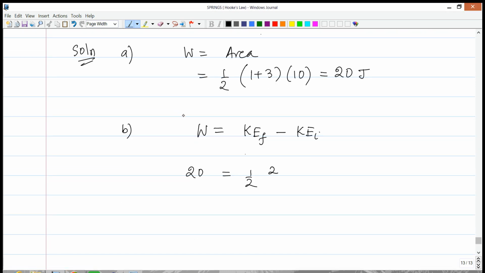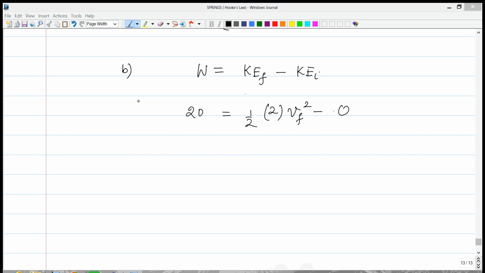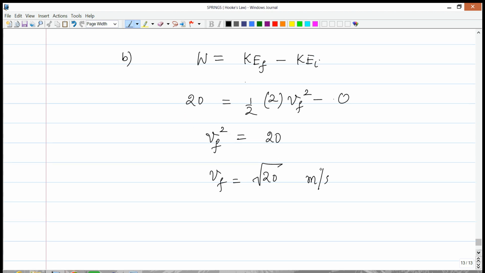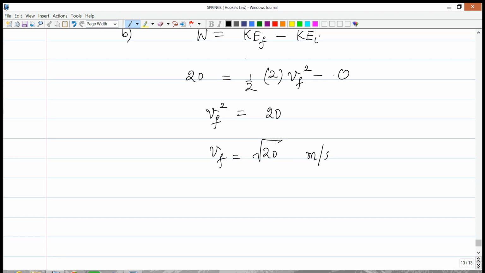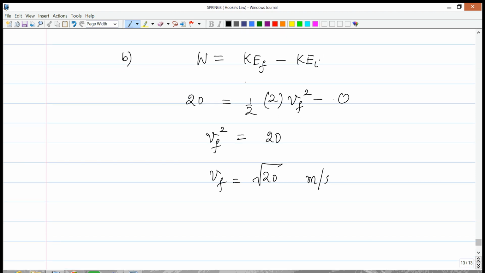So it is equal to 1/2 times 2 times Vf squared minus the initial kinetic energy, which is 0 because it started at rest. So you see, I can use this and calculate Vf. So Vf squared becomes 20, and so Vf is equal to square root of 20 meters per second. And that's a simple application of work done by variable forces in addition to using the work kinetic energy theorem and all that.